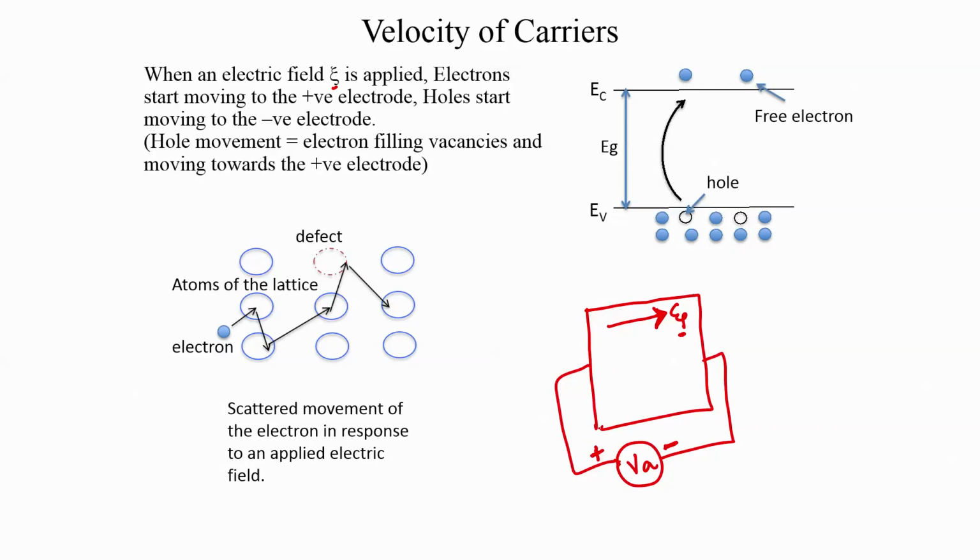Now, in the semiconductor we have already seen that we have the conduction band states and the valence band states, at some temperature T. Let us say T is greater than 0 Kelvin, and for practical purposes close to 300 Kelvin.